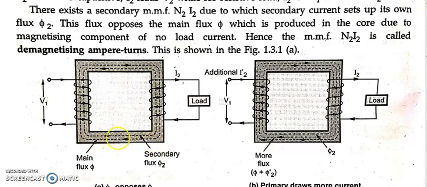Net resultant flux will be from left to right only, because this has got higher potential, this has got lower potential. So what will be the resultant flux? 5 minus 1, that is 4 Weber. So there is a deficiency of 1 Weber here. Initially for no load condition 5 Weber was flowing. Now there is a deficiency of 1 Weber.